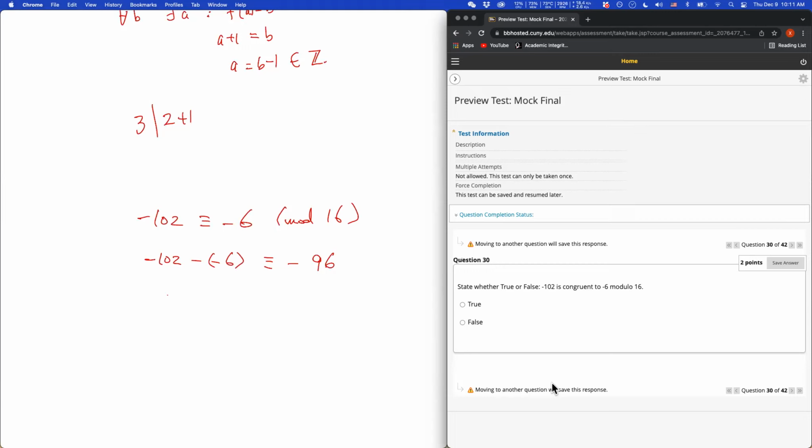Now I want to check, does 16 go into negative 96? The answer will be true. Negative 96 is equal to 16 times negative 6. So we know this is true.